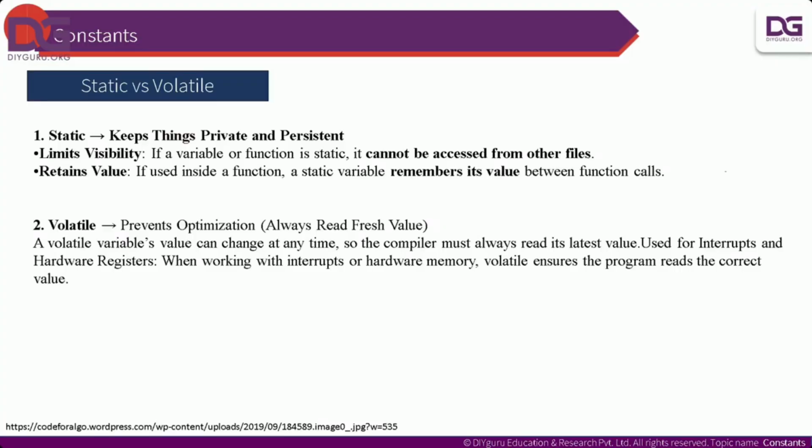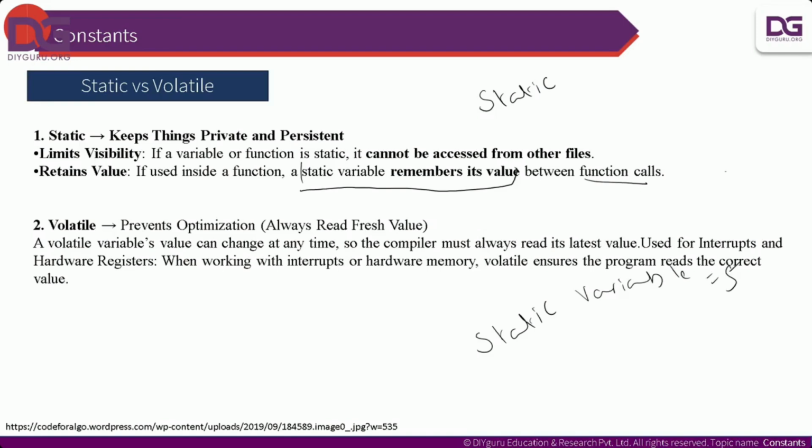Before moving into constants, let's see the two parts, static and volatile. What static means is that the variable always remembers its value between function calls. If I put a variable as static, it will remember its value.